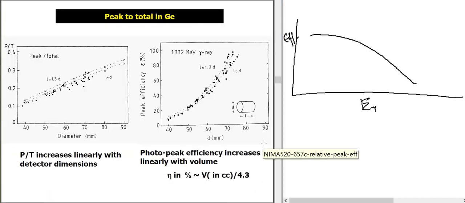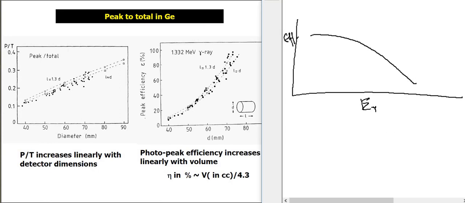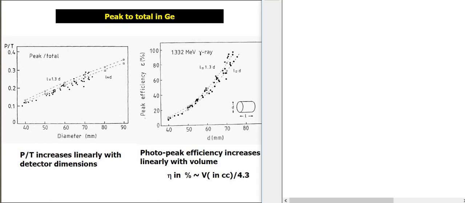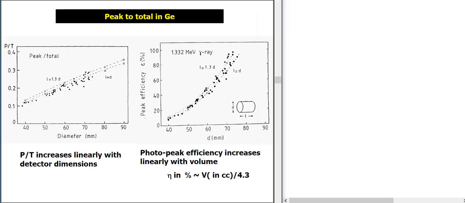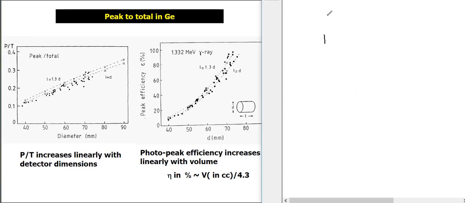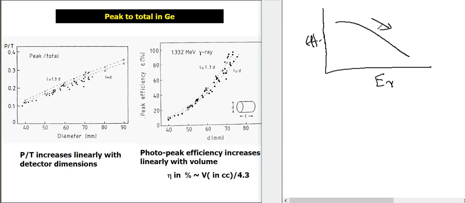and lastly, let me show you this plot. Here what you will see is the following. Just now I have shown you this plot, which is the efficiency as a function of gamma ray energy, right? This overall decreasing trend is there.